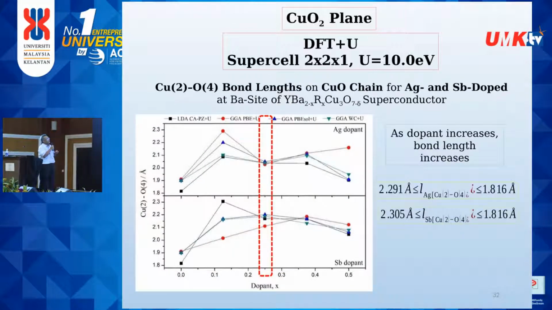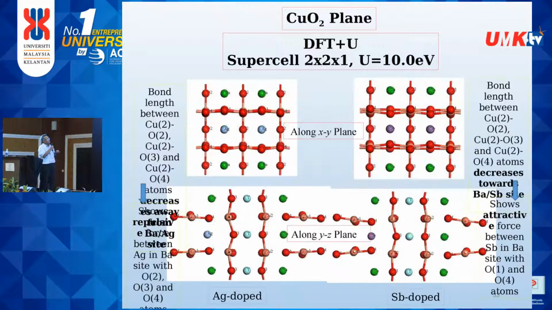All right, so this again is the Cu2O4 bond length. We can conclude that as dopant increases, bond length increases. Okay, this is what actually happened at the CuO2 plane. So we can see the bond length between Cu2O2, Cu2O3 and Cu2O4 atoms decreases away from the barium and silver side along the XY plane, and the bond length between Cu2O2, Cu2O3 and Cu2O4 atoms decreases towards the barium and antimony side.